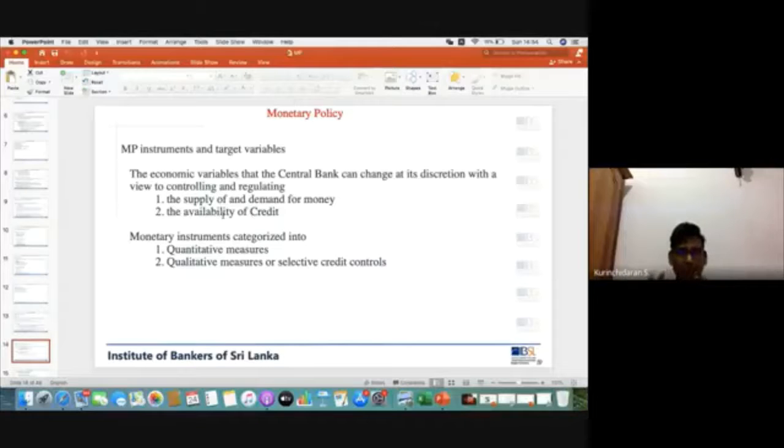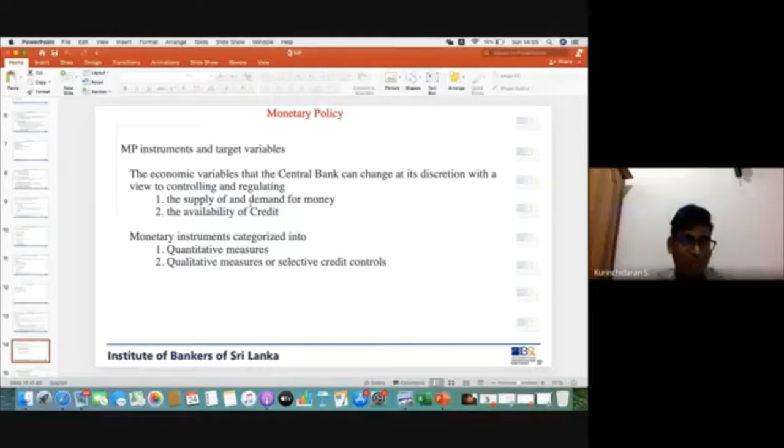So the central bank can change money supply and money demand, and the availability of credit. Through that, the central bank can achieve its objective of price stability. That's what we discussed earlier, price level as a macroeconomic goal, and that is what central banks can do through monetary policy.